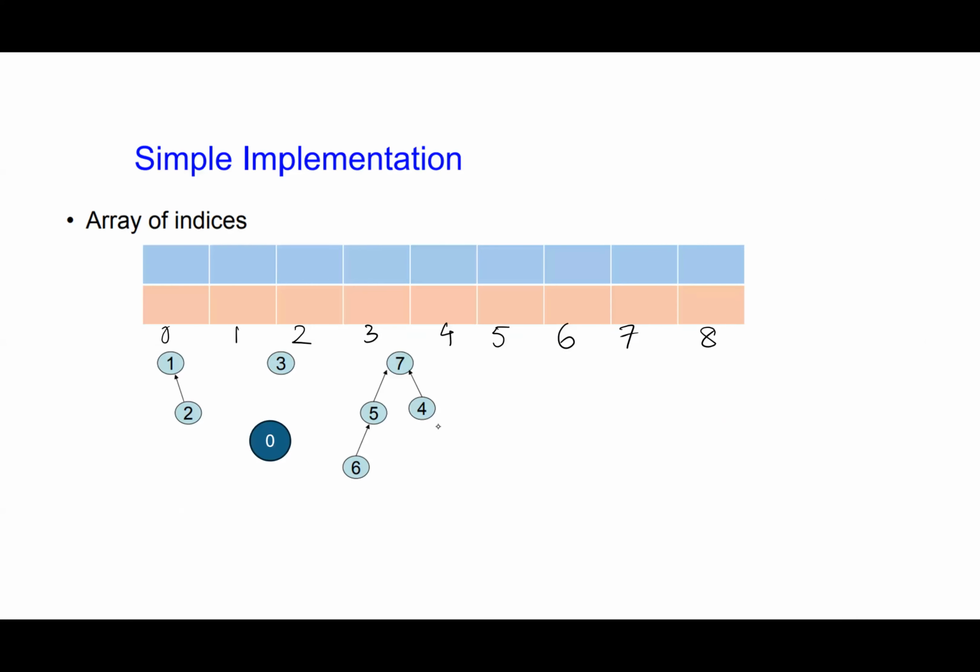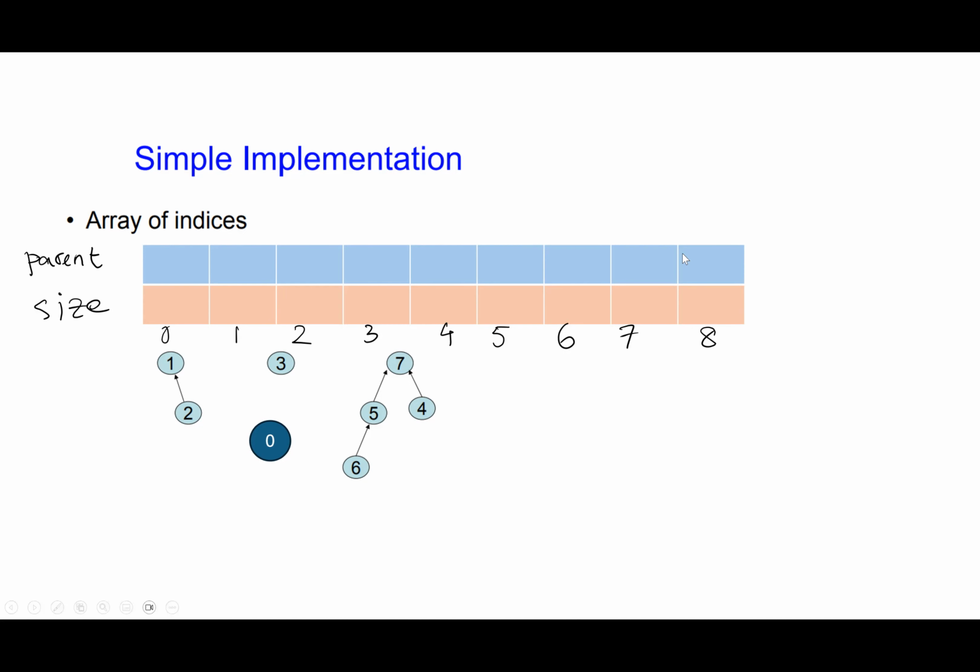Now, how do we implement this? Initially we said we have this parent array, the tree representation can be done smartly using an array. We showed you one example, and then we keep another array, which we call size.